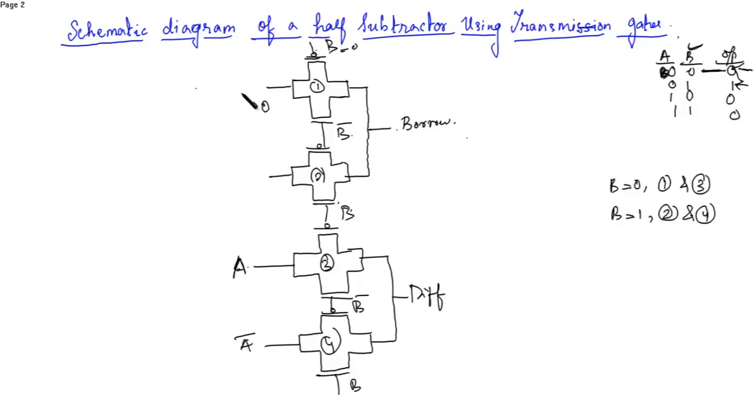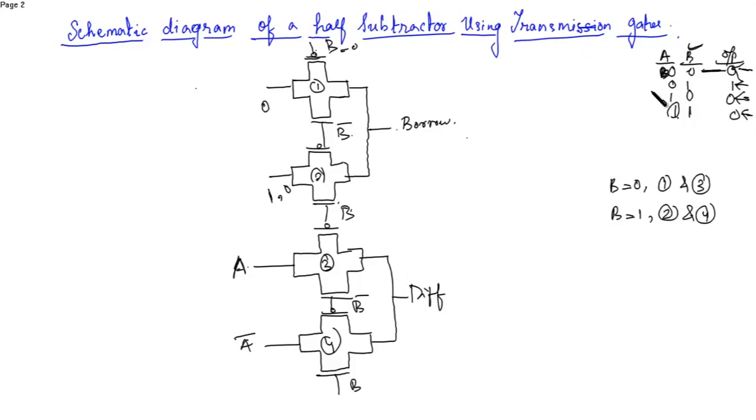So here the input should be 1 in order to get the output 1. Again 0 should be there in order to see in the output. So there should be 0 always. When it's 1, it should be 0.